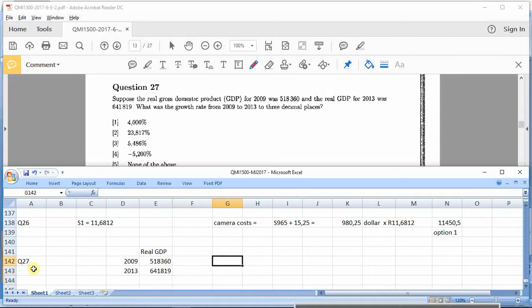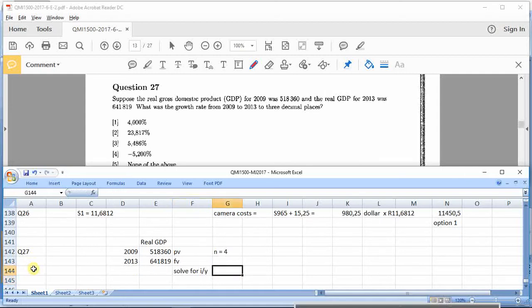Okay, so in here is how many? It'll be 10, 11, 12, 13, 4 years. That's your present value, that's your PV, that's your FV. Alright, solve for I over Y. So let's see, equals rate. Rate brackets, in 4, no payment. PV would have been this. FV would have been that.